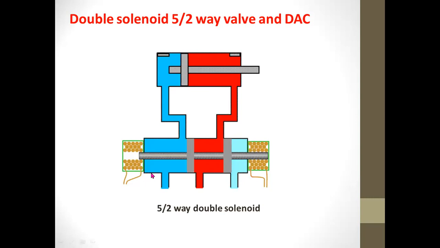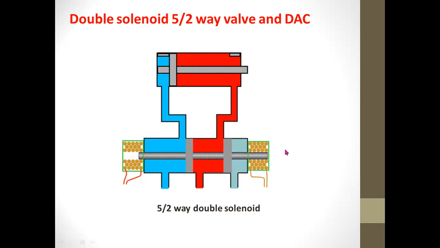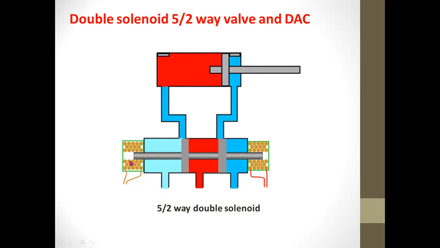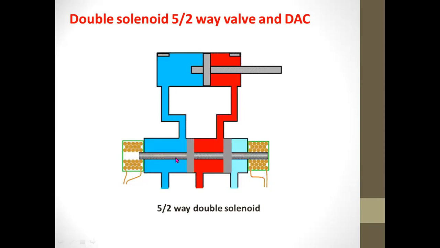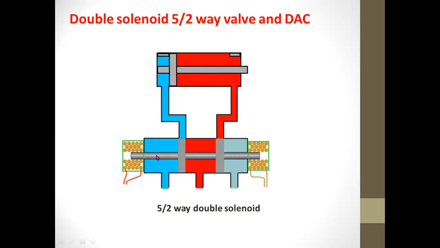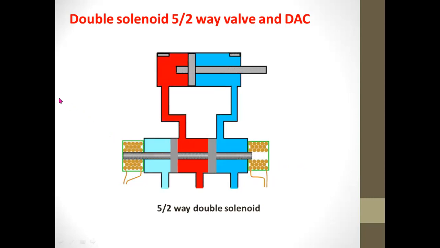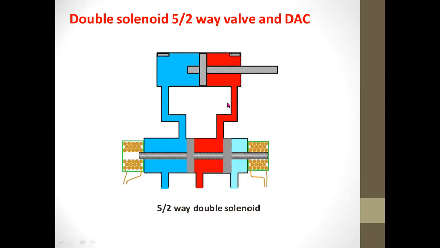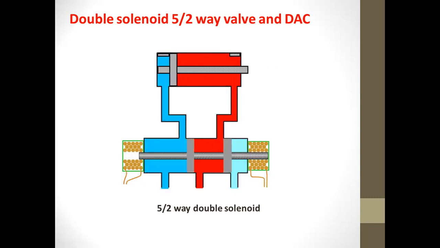So what will happen, by the way, if you energize both of the coils at the same time? The plunger will not move, thereby freezing the status of the cylinder.